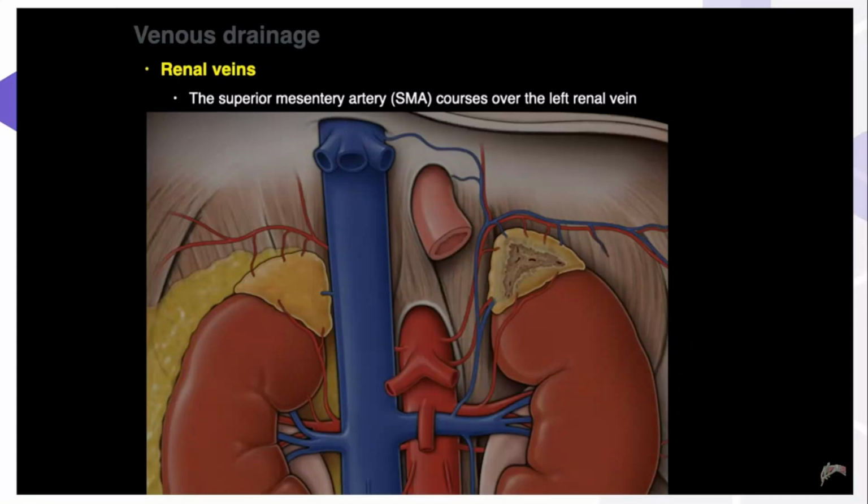The superior mesenteric artery courses over the left renal vein. You can see that easily.